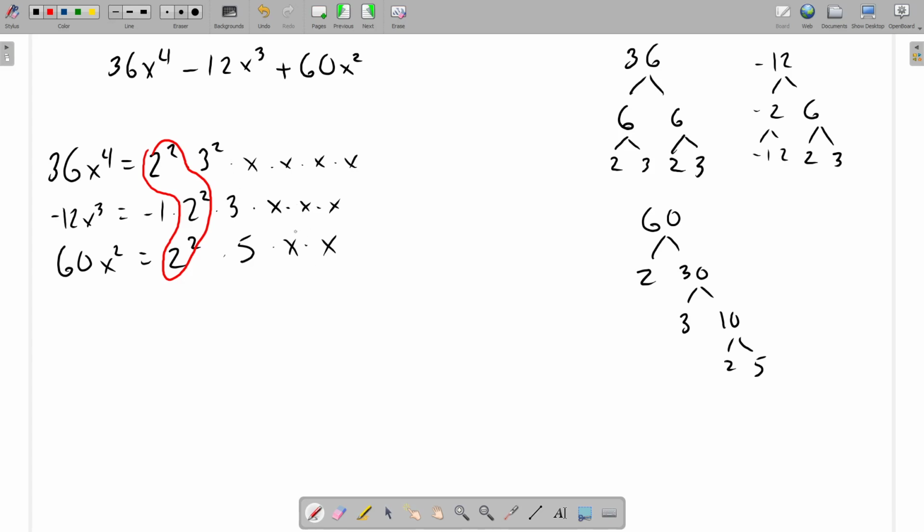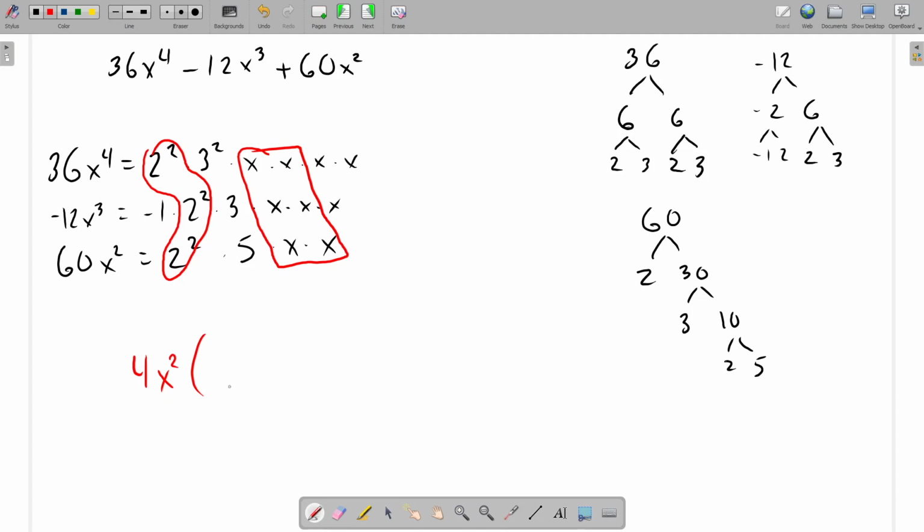And they have 2 x's in common. So everything that I circled creates the greatest common factor. So 2 2's and 2 x's. Well, 2 times 2 times x is 4x squared. This 4x squared is our greatest common factor.